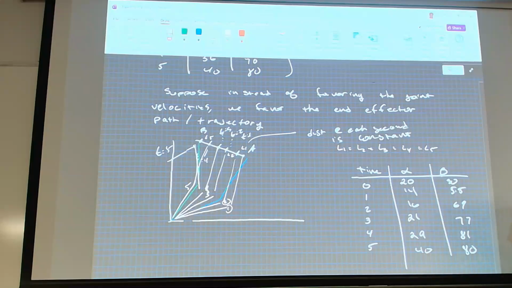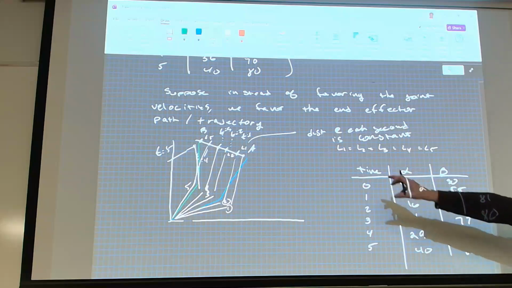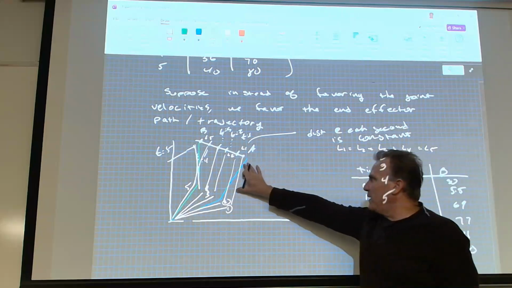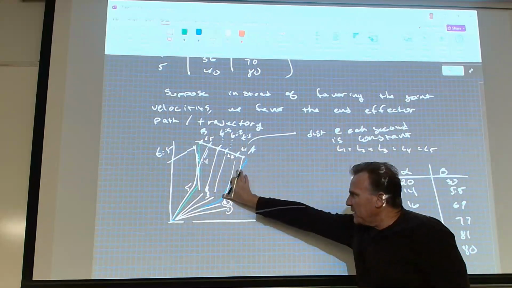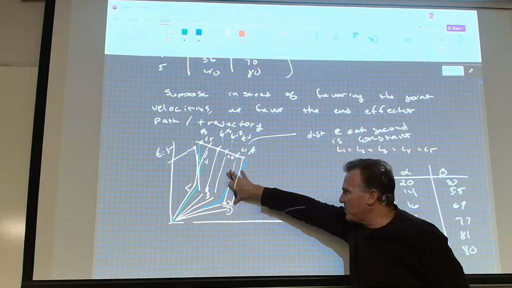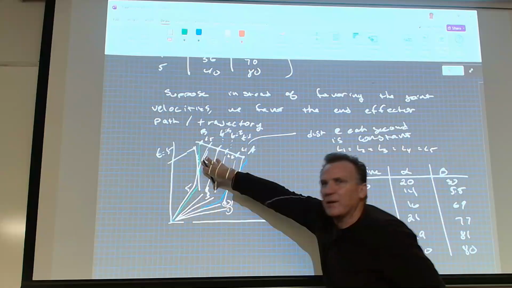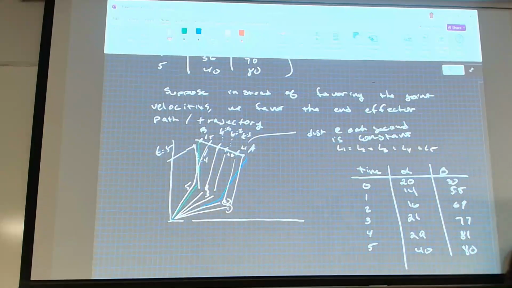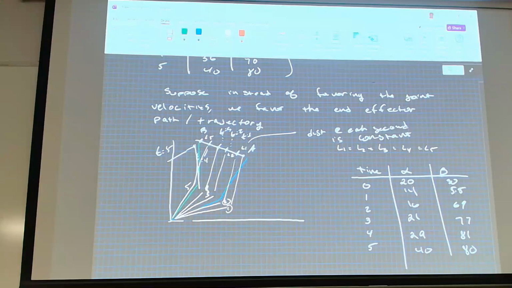Wow. It's 20, and the next one drops down because that's such a short distance. I have to account for that length as it moves up, and so that has to kind of go down. As this goes here, that will drop, right? And then drop a little bit more, and then they both kind of move together. It's 14, 20, 14, 16, 16, 21, 29, 40.